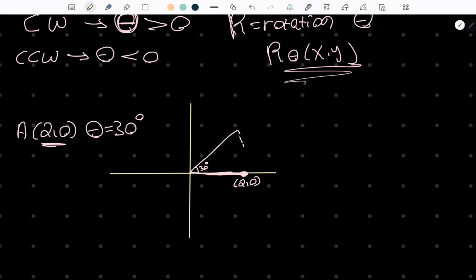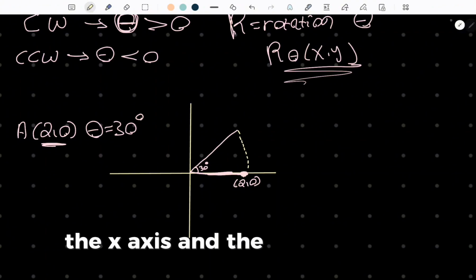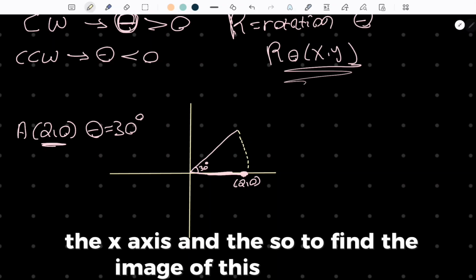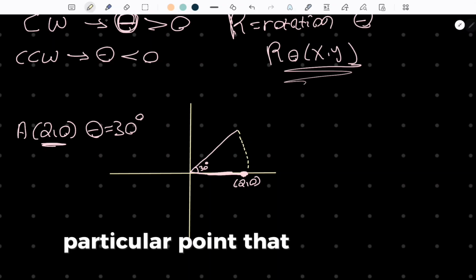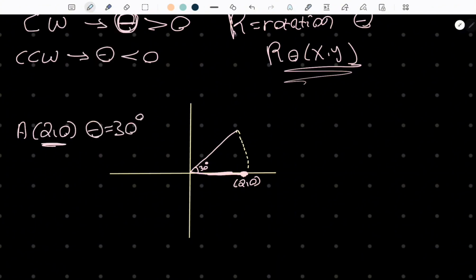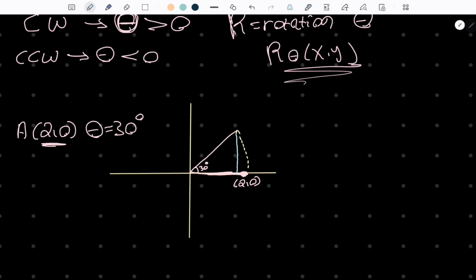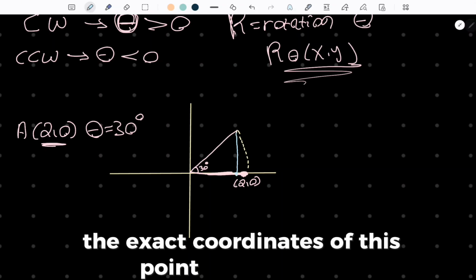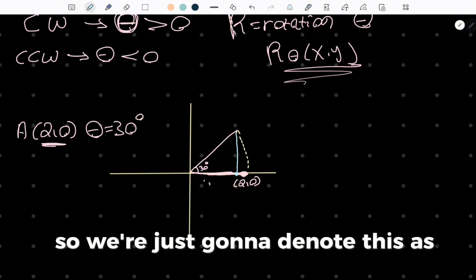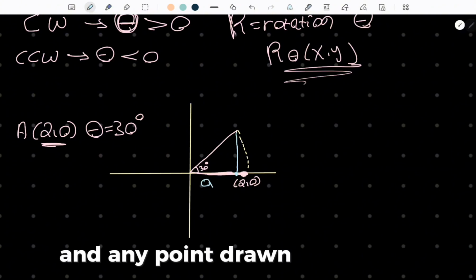So to find the image of this particular point, we need to draw a straight line, just like this. It doesn't land on a pointer here, so the exact coordinates of this point are not known. So we're just going to denote this as A.